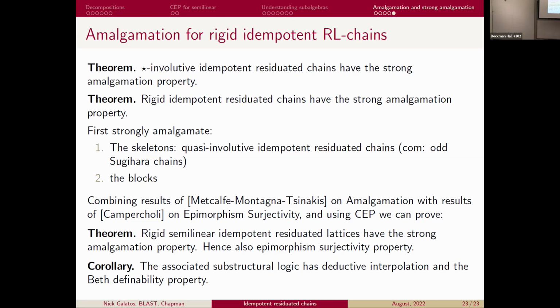So we pluck out the skeletons from the two conical, we amalgamate those, and then we have to study the structure of the conical ones, and they end up being bubbly, like bubbles, not just at one. And then you have to understand what the bubbles are. On the negative part, they are Heyting algebras. On the positive part, the bubbles are lattices where you may be missing the bottom element. But both of these classes have the strong amalgamation property. So you can strongly amalgamate each one of the bubbles separately and then put the whole thing together.